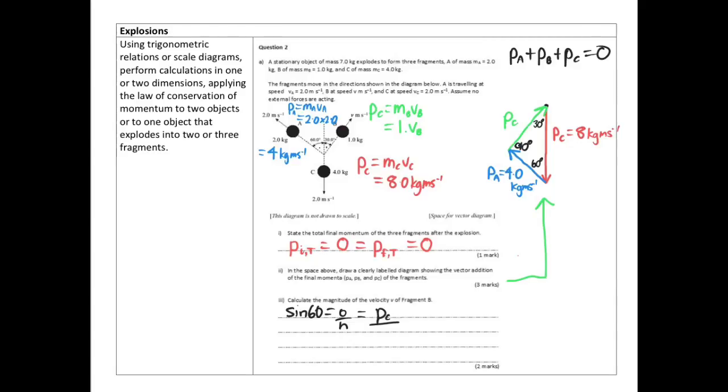Sorry, I've labelled that wrong. Just a correction, hopefully you picked that up. That should be PB, that's fragment B there. So opposite is actually equal to PB divided by the hypotenuse, which is PC.